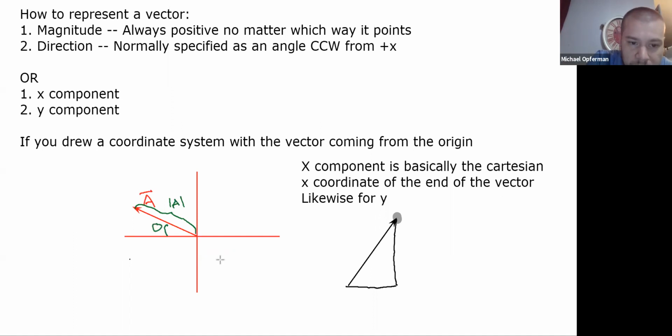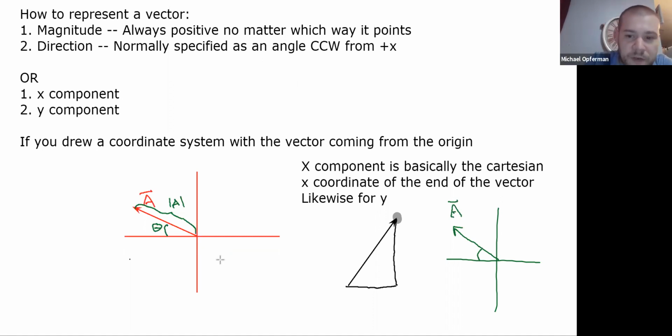I'm not measuring the angle in the standard way, but that's okay. That's one way to specify the vector. If you were reconstructing that vector, you would say, okay, I want to be at this angle, and I want to go this far, and then I'll get vector A.